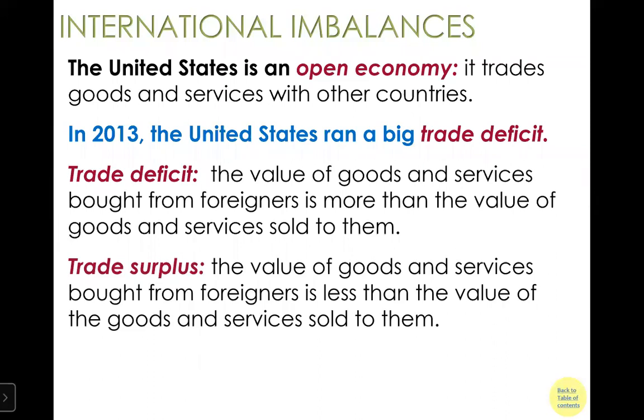You may want to ask yourself, why would countries want to trade goods and services with other countries? The answer is that we can benefit from each other through trade, because we have comparative advantage. Everyone must have a comparative advantage in something. That's a lesson we learned from the review of microeconomics.